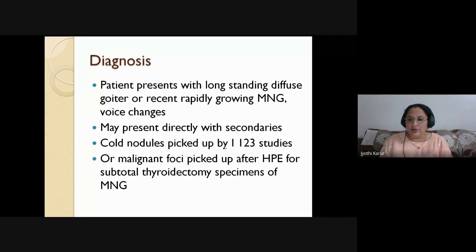The one used for diagnosis is I-123. Please remember that. Whereas for therapeutic purposes, that means thyroablative therapy, we use iodine-131. So iodine-123 is for diagnosing the malignant foci. Suppose the patient has undergone, you have posted it as multinodular goiter, you have done subtotal thyroidectomy, or sometimes even total thyroidectomy.